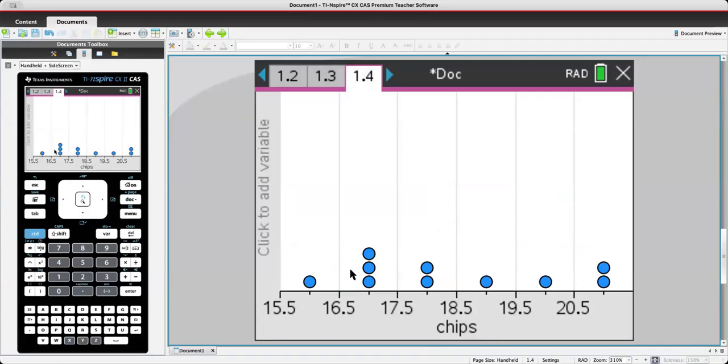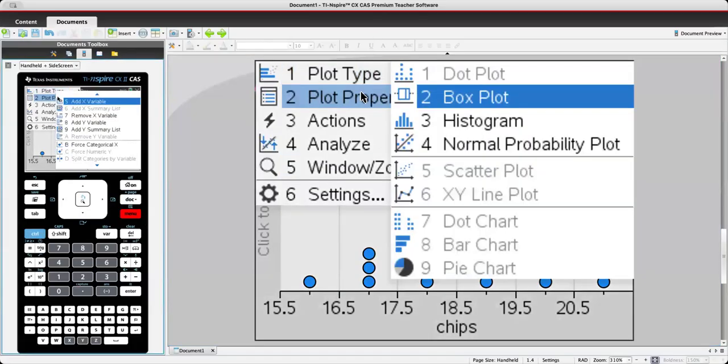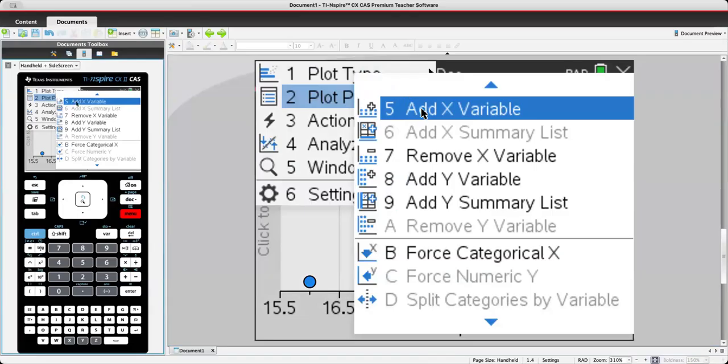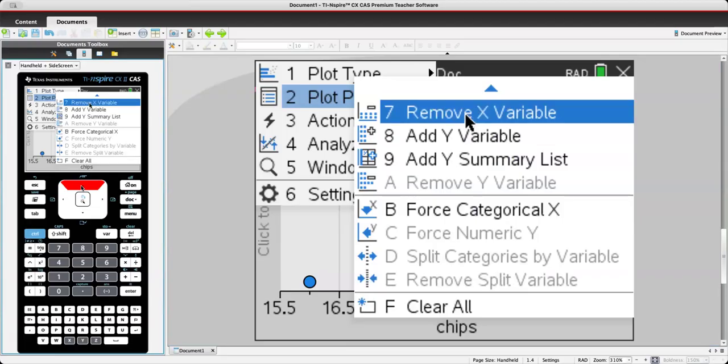And then I'm going to go to menu, and then I believe it's plot properties, and I want to add an X variable. So I'm going to select that one. Let's see if I can.